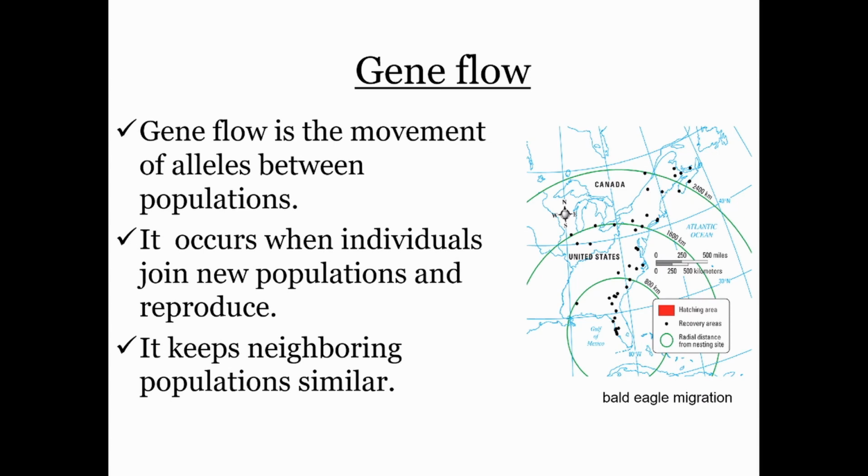So if I were to move there, settle down, and have children with someone from that area, then I would have taken my genes from the West Coast and moved them to the East Coast and blended the two coasts together. This keeps the populations that are in close proximity to each other very similar. There's really not much difference between one population and the next if individuals are constantly moving back and forth between them.